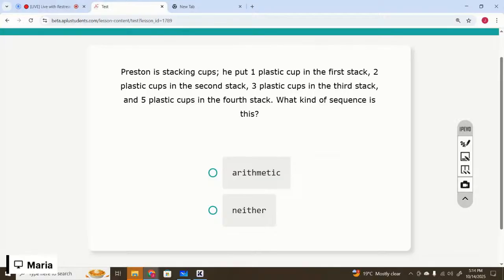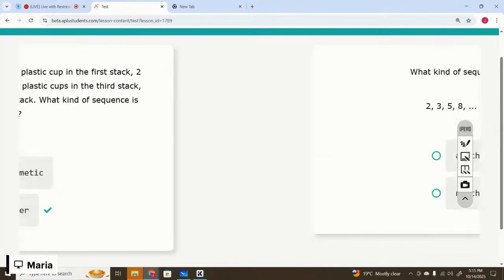What kind of sequence is this? Neither it is. Option number 2 is the correct option.